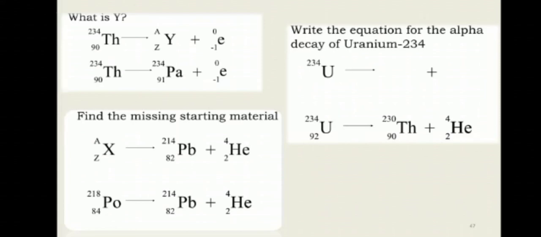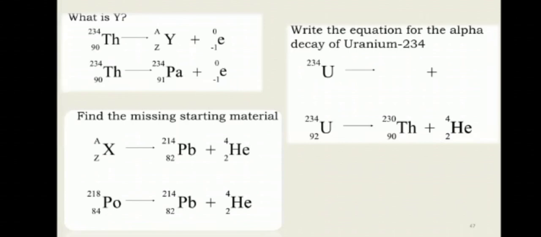That is, we add 4 to the mass number and add 2 to the atomic number to find the parent atom: 214 plus 4 is 218, and 82 plus 2 is 84. Hence we get the X.